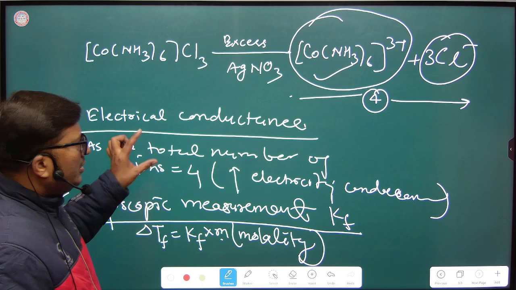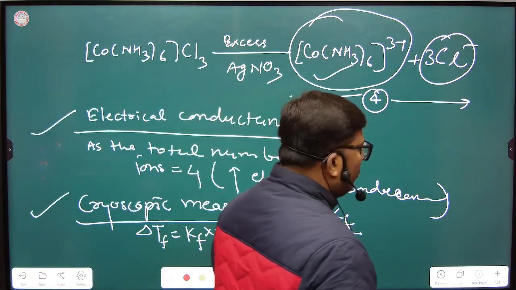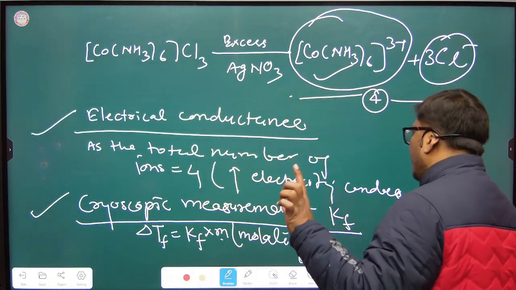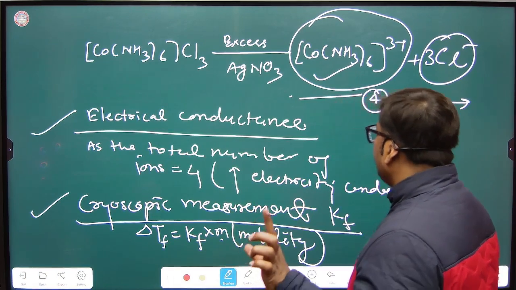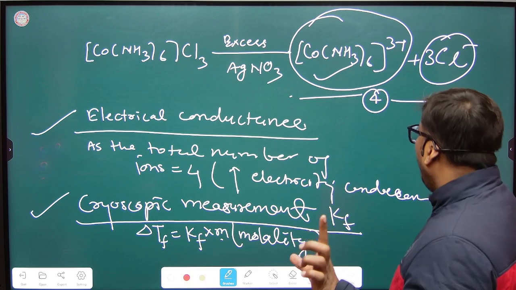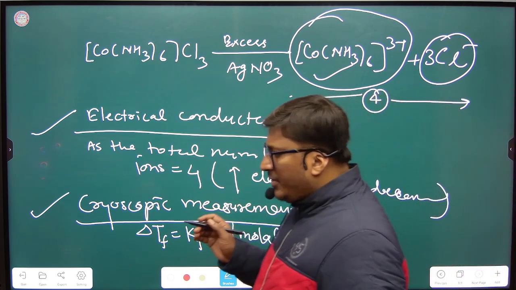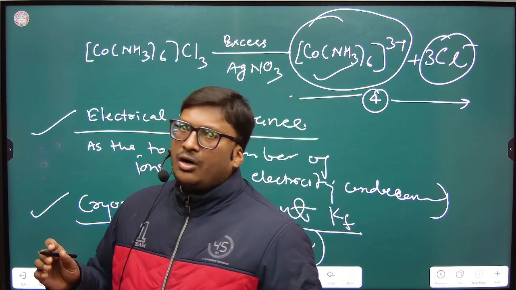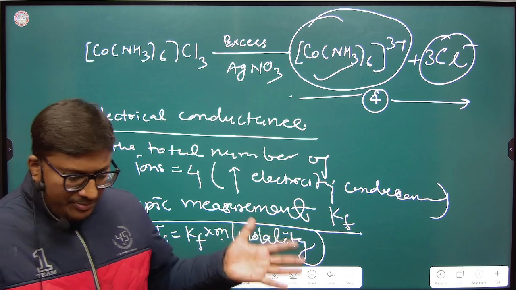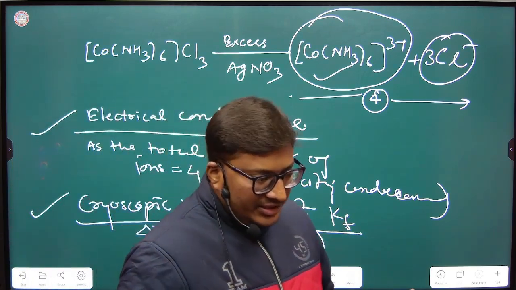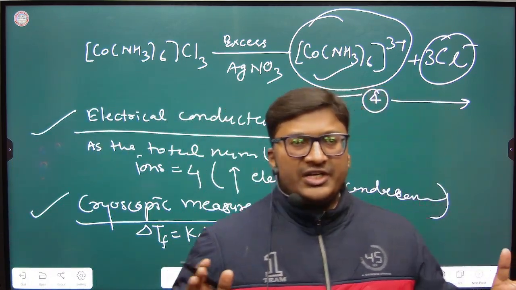So these are the experiments that were carried out by Werner in the experimental laboratory, and he postulated that the compound possesses two types of valency, primary valency and secondary valency.